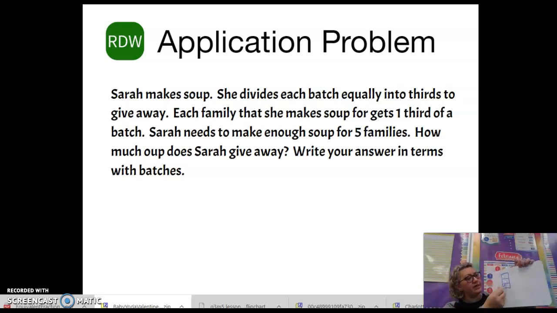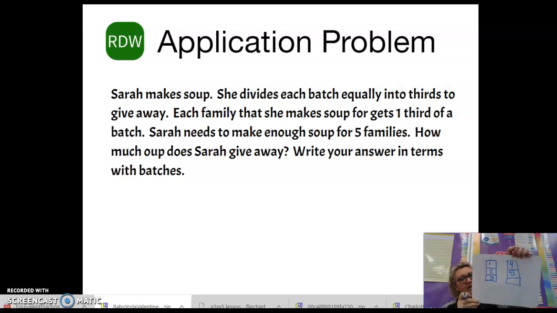Okay, so I have 1 batch, and each family is going to get a third. Well, there's only 3 here. So Sarah has to make another batch. So how many batches does Sarah have to make? She has to make 2 to be able to feed 5 families. So we could go family 1, family 2, family 3, family 4, family 5.